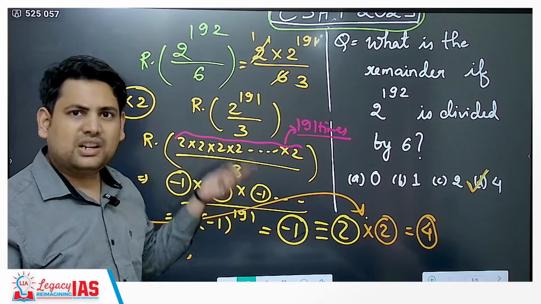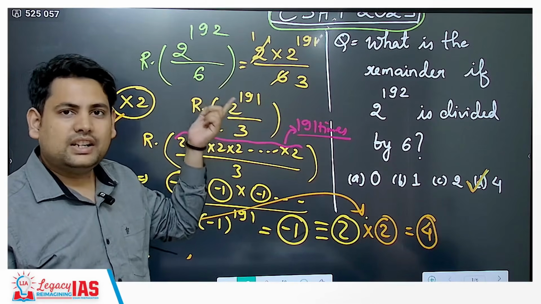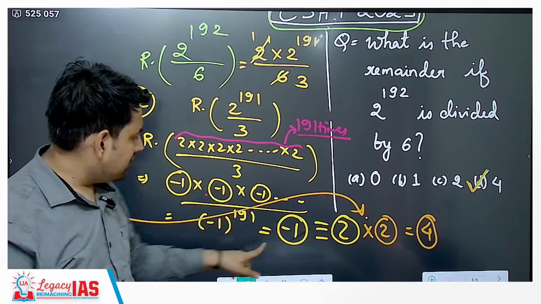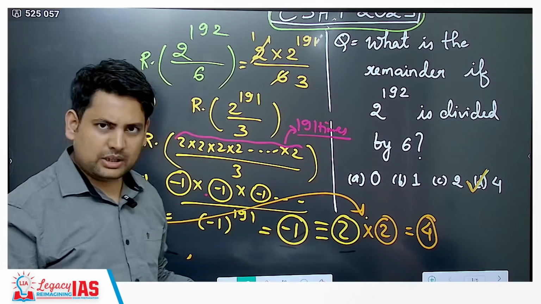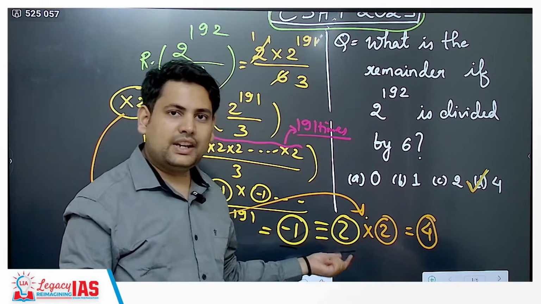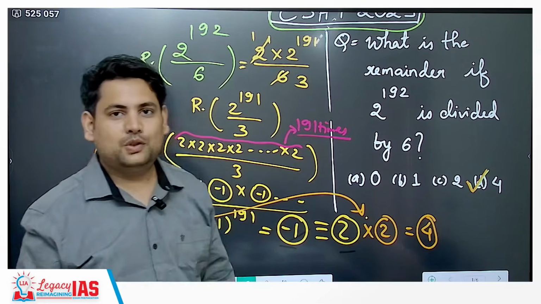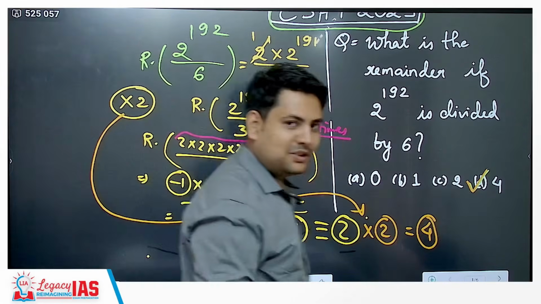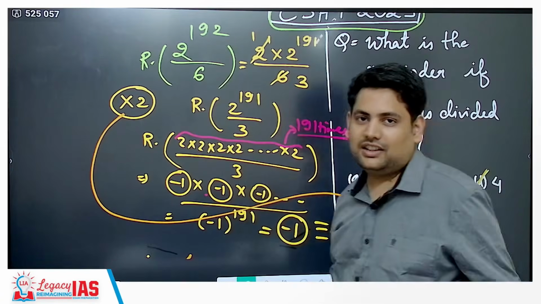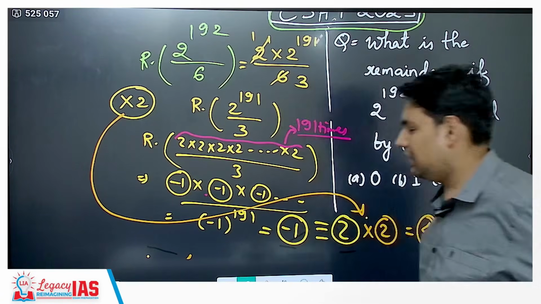They are all in multiplication. Minus 1 power 191, that is minus 1 only. Now minus 1 is equivalent to 2 remainder. So that 2 I get, and that other 2 also I remember. So 2 into 2 I'll get to 4. Okay, understood? Now you can also do it like this. These were the 3 underlying concepts.